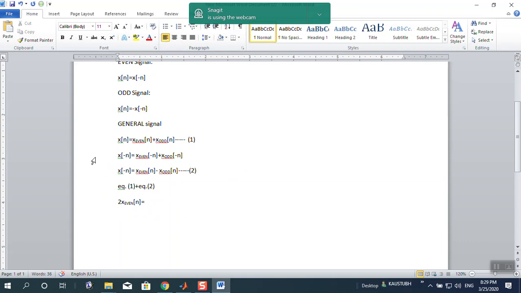So finally this 2 goes to that side, so it will be half of x of n plus x of minus n.